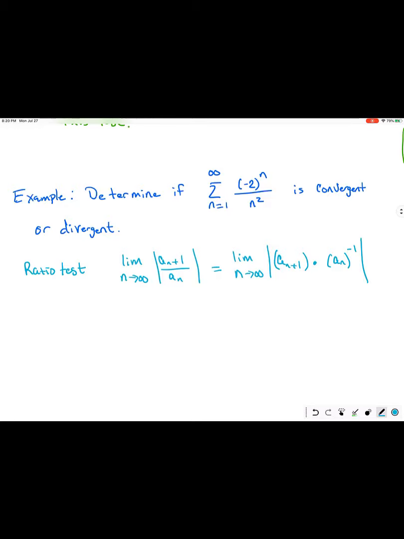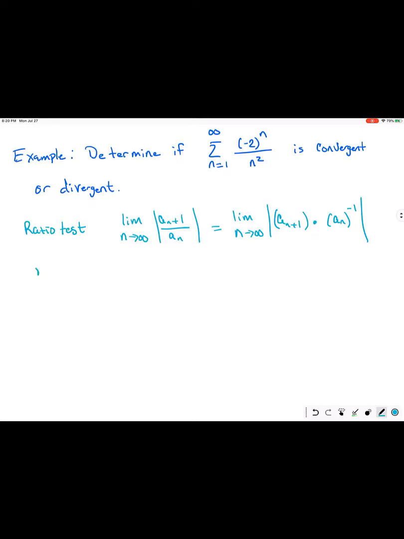Those are mathematically equivalent things. And I point that out because often my a sub n plus 1 and my a sub n are fractions themselves, so I have a fraction divided by a fraction. If I write that as the fraction multiplied by the reciprocal of the bottom, that's often a good step to help out my algebra.